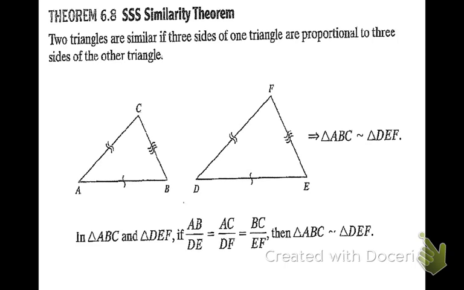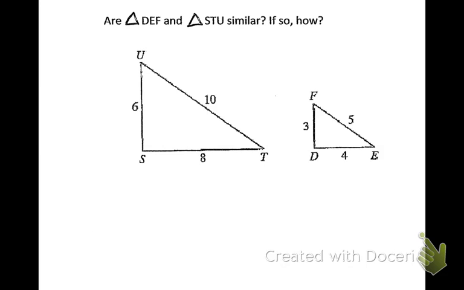Side, side, side similarity. Two triangles are similar if 3 sides of one triangle are proportional to 3 sides of another. So we don't need to know anything about the angles. We just have to know that the corresponding sides have the same ratios. So in this one, we would test it.